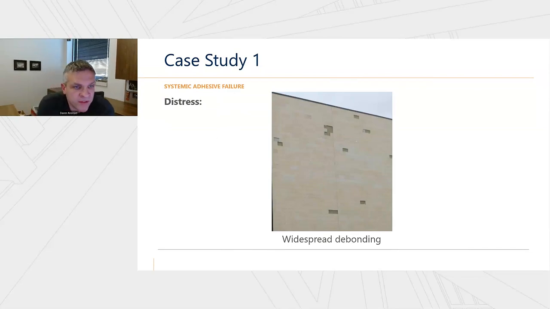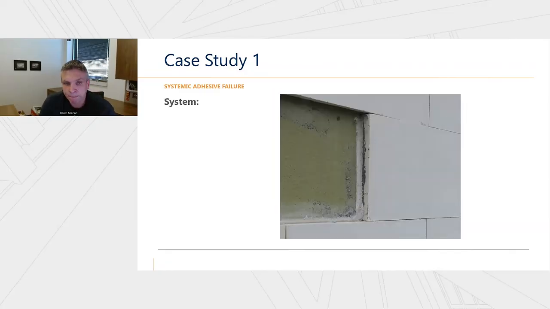On this first case study where we saw systemic adhesive failure, the system had been in service for approximately 2 years in a freeze-thaw environment. It's on a 3-story building, and we saw approximately 30 units disengaged after those first 2 years in service.